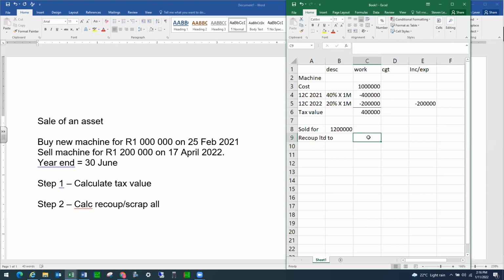Our recoupment is limited to 600,000. Is that all right? I cannot have a profit of more than I've taken. So it wouldn't be limited to the 1 million, it's limited to the 600,000.